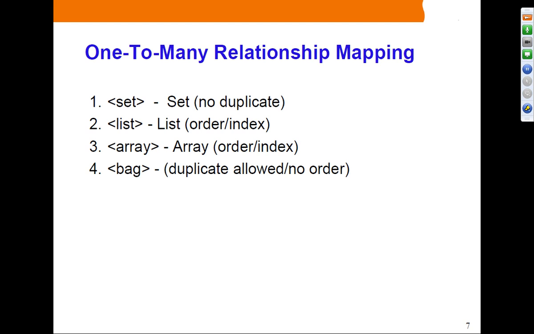But when you're using list, it could have duplicates, but it has an order, which means it could use an index. Same thing with array. Hibernate also provides another scheme called bag, and in this case duplicates are allowed and it doesn't have any order. This is probably the widest spectrum, the largest set of items, I would say.